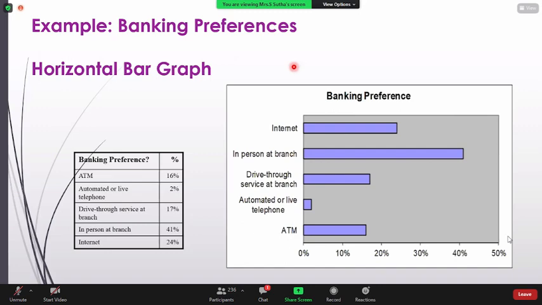Why are you saying it's ordinal? Now you look, you know that the variable is banking preferences, right? Preferences of the banking methods. Then what are the measurements we used to measure the preferences?